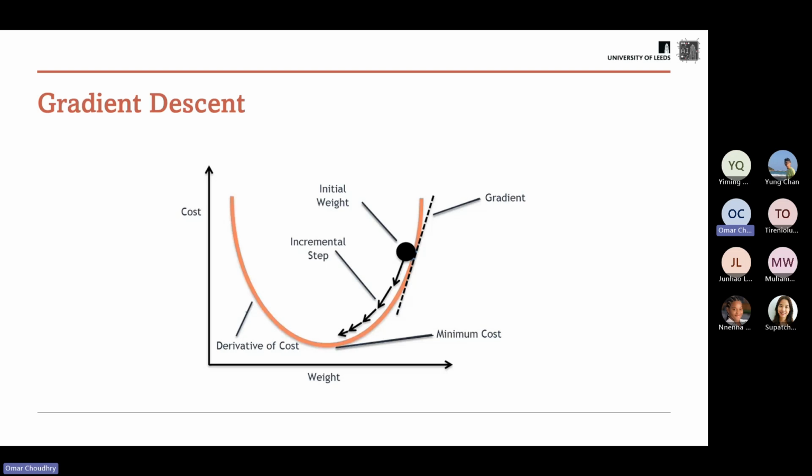We can measure that with this gradient. And what we want to do is keep following this all the way until we get to that minimum cost. At this point, basically the gradient is zero, meaning we can't go any left or any right. You can imagine it's a ball rolling down a hill. We've reached the bottom, and that's it.